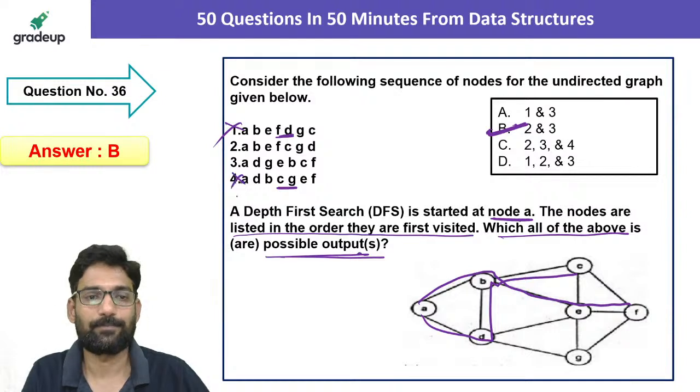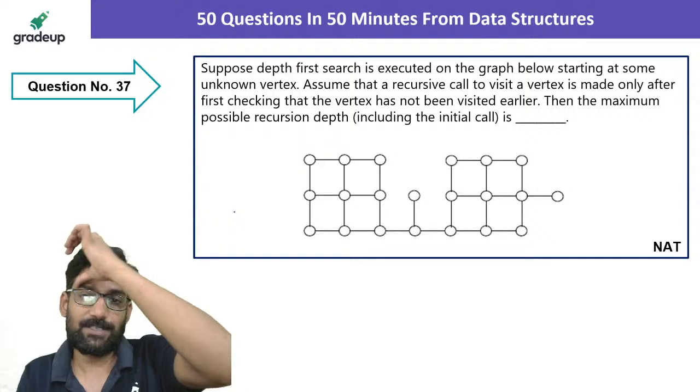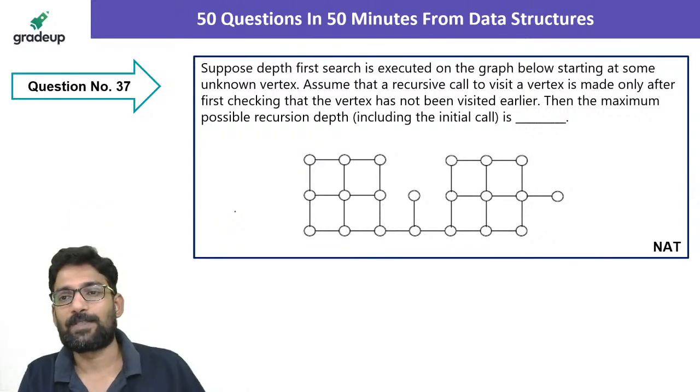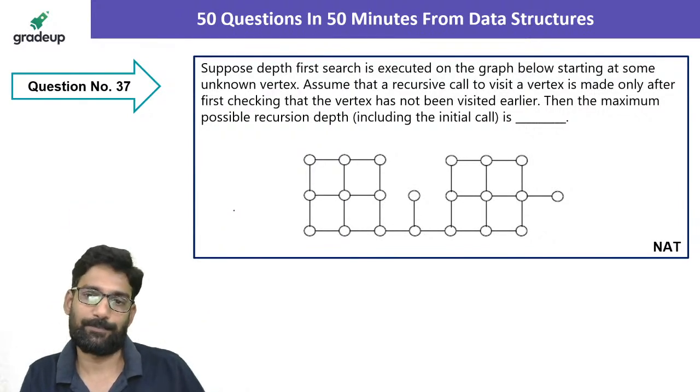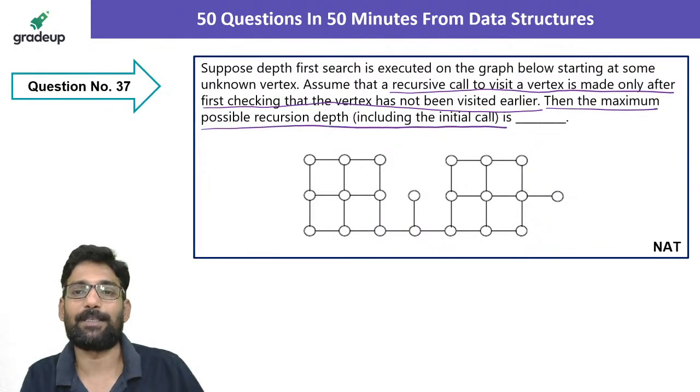Okay. Next question. Suppose depth first search is executed on the graph below, starting at some unknown vertex. Assume that a recursive call to visit a vertex is made only after first checking that vertex has not been visited earlier. Then the maximum possible recursion depth is.